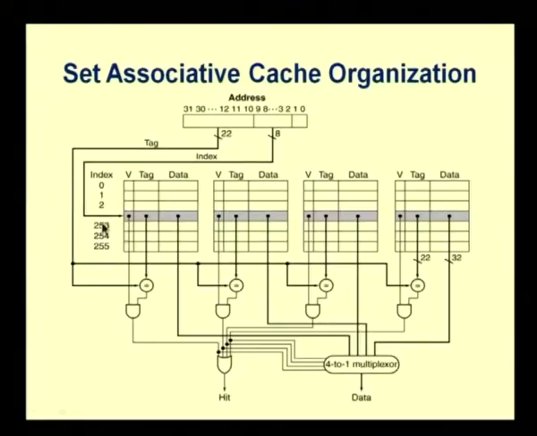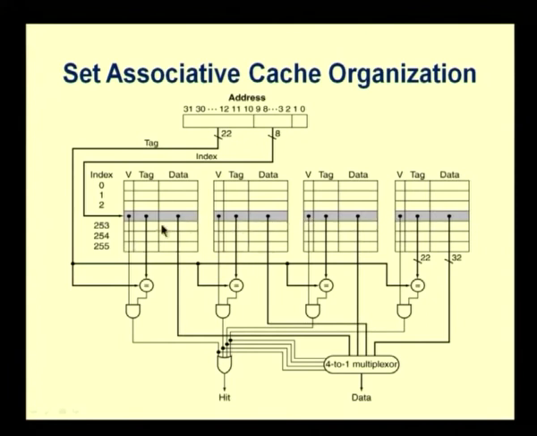If you look at the organization for a set associative cache, this is what we will have. Again the address is divided into 3 parts. We have the data within the block, then this is your identification of the set, and this is the tag field that we have. The set identification we call the index. This is an example where I have a 4-way set associative cache.